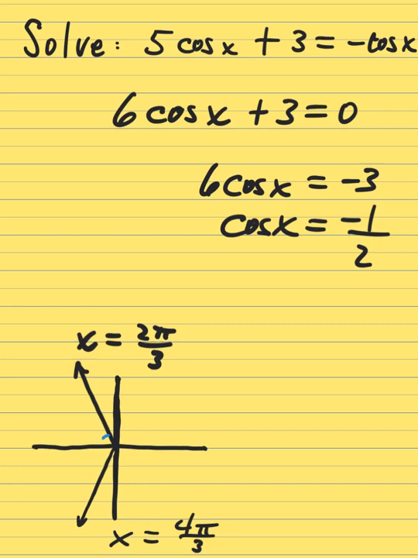So from that first angle, 2π/3, we would have to go a full rotation instead of a half rotation. From this angle, we would have to go a full rotation. So what that tells us is, instead of doing a pi n like you do with tangent, we have to do a 2π n with sine or cosine.